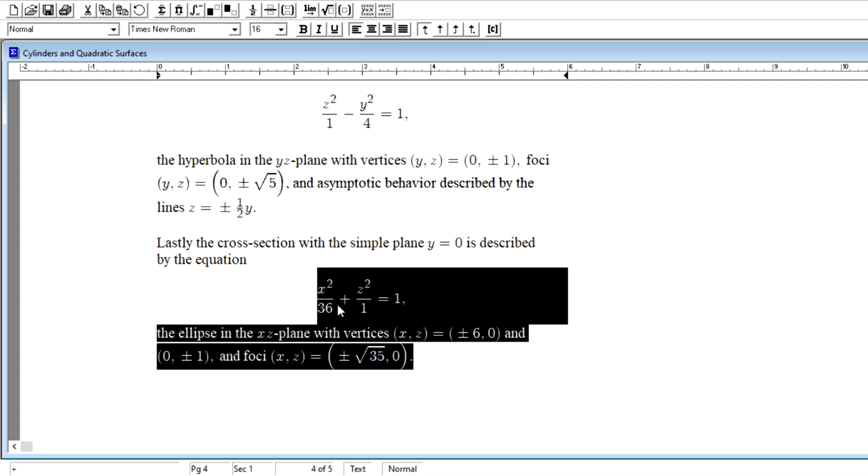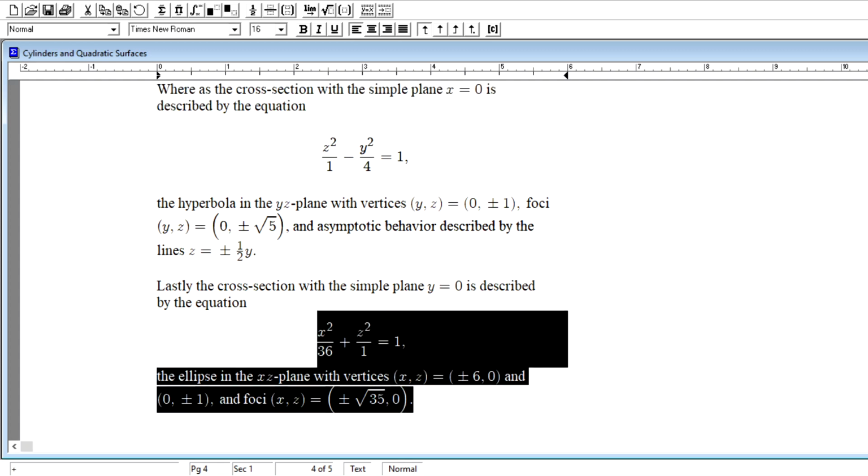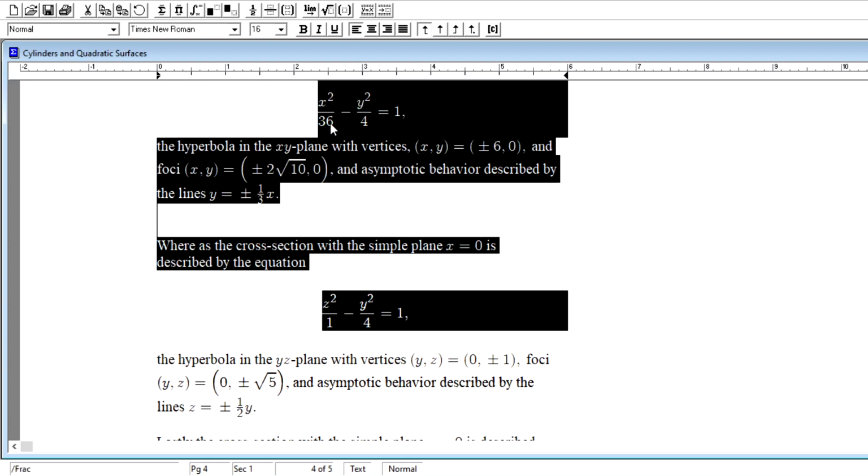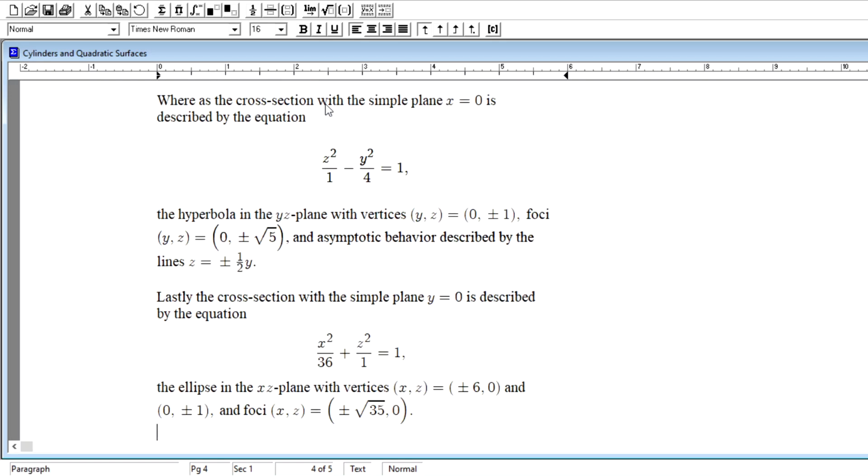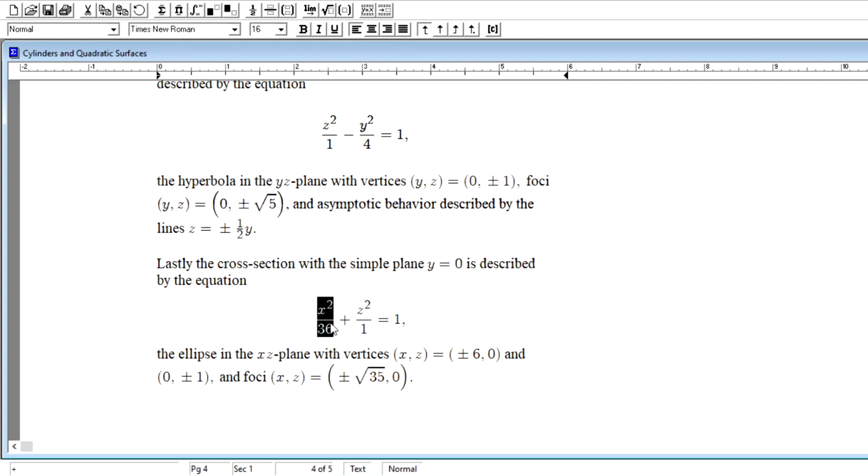Now, since the cross sections are ellipses and hyperbolas, with really the hyperbola being the dominant cross section in its description, right? This becomes known as a hyperboloid. That's from the two hyperbola cross sections. What we'll do is go a little bit more descriptive by describing that third cross section in there by saying it's an elliptical hyperboloid.